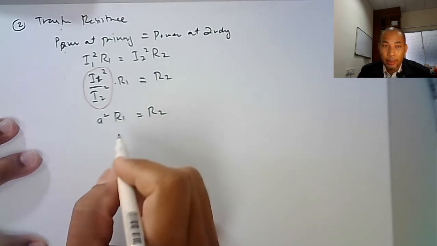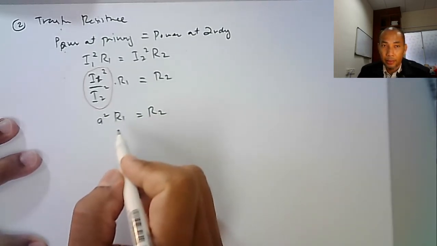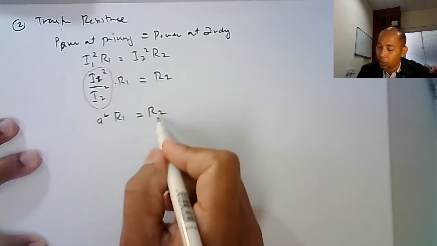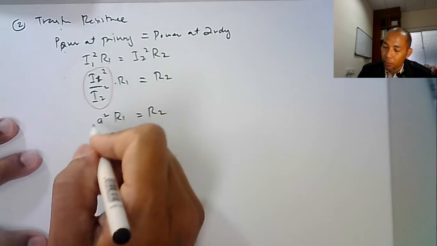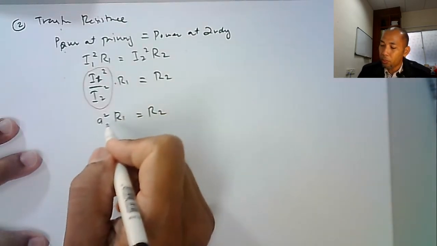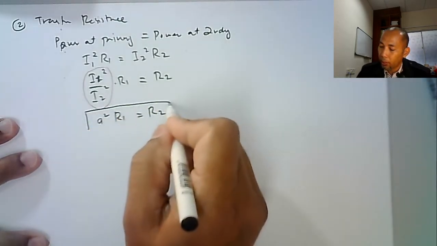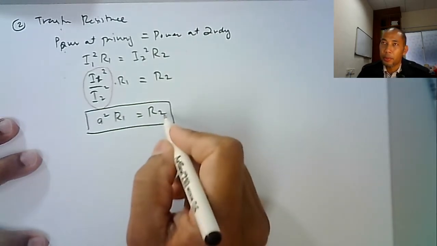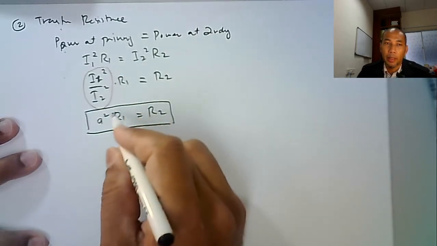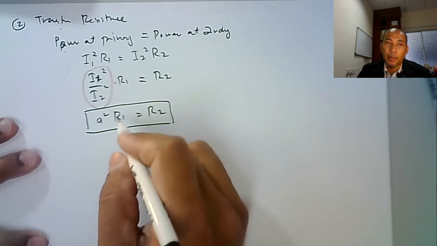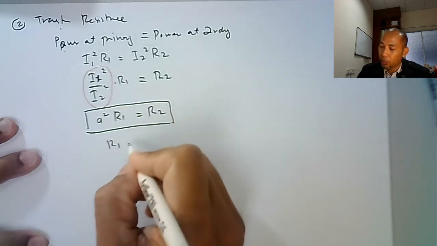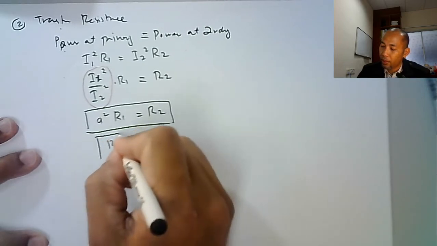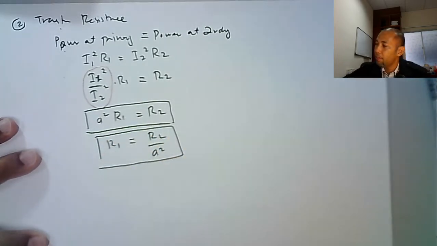This is to transfer from R2 to R1. If we want to transfer from the secondary to the primary, R1 equals R2 over A square. If we want to transfer the primary to the secondary, R2 equals A square R1.